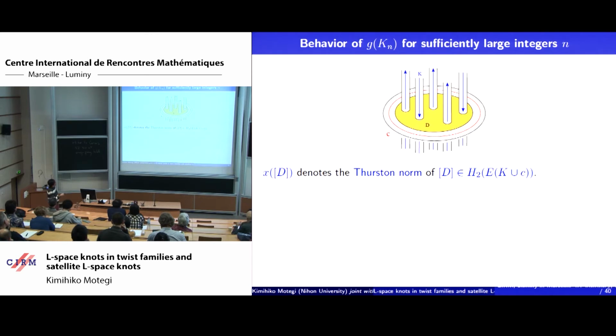In this case, there is one outer boundary and 1, 2, 3, 4, 5 inner boundaries. We denote its homology class by bracket D, the homology class represented by this disk, and its Thurston norm is denoted by x of bracket D.